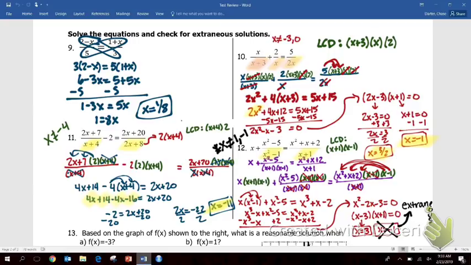Sorry, I ran out of room, so I'll write weird. Extraneous is if you algebraically find a value to be an answer, but it makes you divide by 0, it doesn't actually count. So just be careful and take one extra second and double check your answers to see if they're extraneous or not. So in number 12, negative 1 doesn't actually count. So my answer would just be 3.